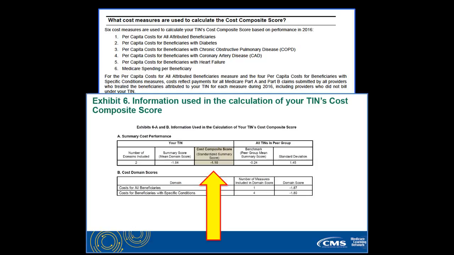You can see at the top of the slide for calculating composite cost, there is a combination of per capita costs for beneficiaries, per capita costs for beneficiaries with specific conditions, and you can see diabetes, COPD, coronary disease, and heart failure are reflected here. And then there's also Medicare spending per beneficiary, and that reflects the costs for specific episodes.